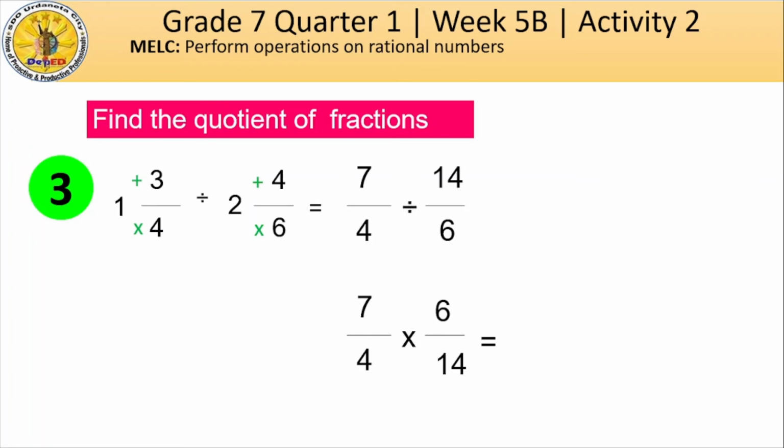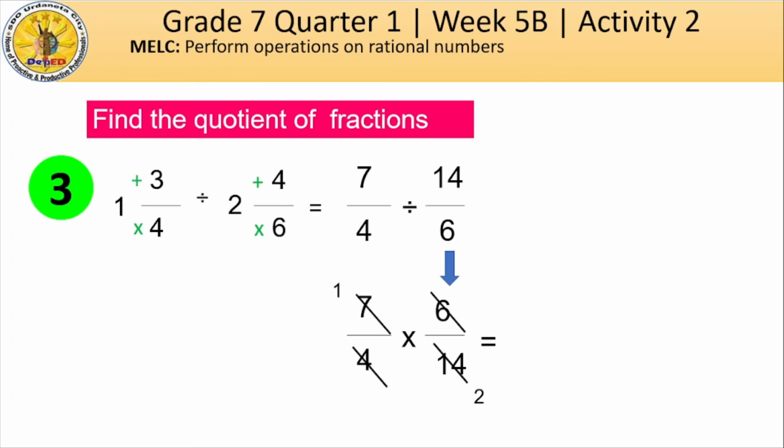So 7/4 multiplied to 6 over 14 would still be reduced into lowest term. This is since 7 and 14 are both divisible by 7. So 7 divided by 7 is 1 and 14 divided by 7 is 2. Same is true with 4 and 6.